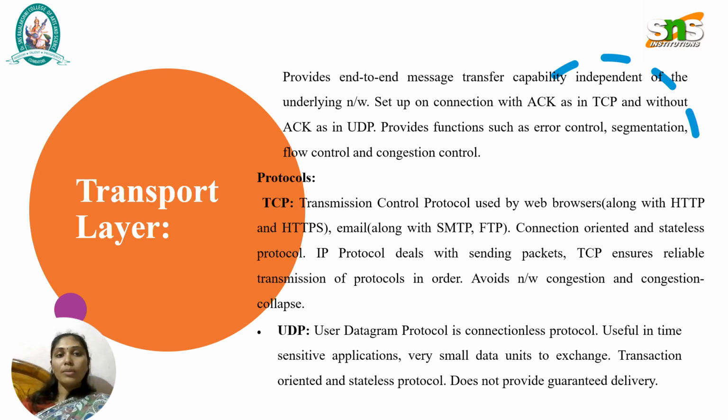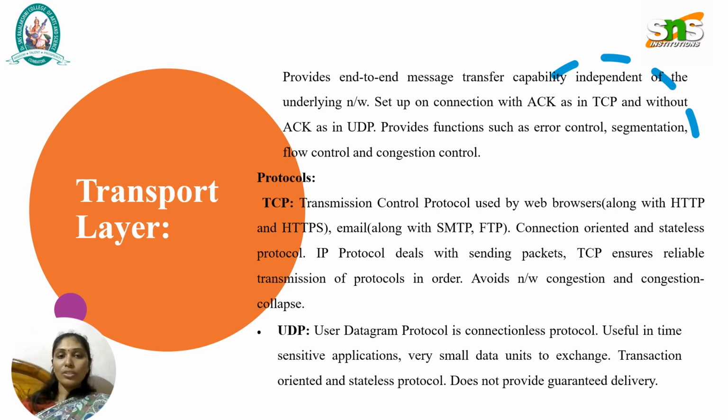So what are the protocols in the transport layer? There are two: TCP and UDP. TCP's full form is Transmission Control Protocol, used by web browsers. TCP fully belongs to the Internet.